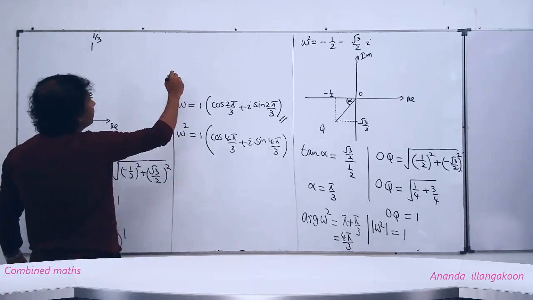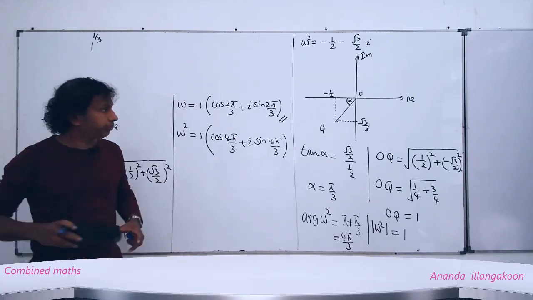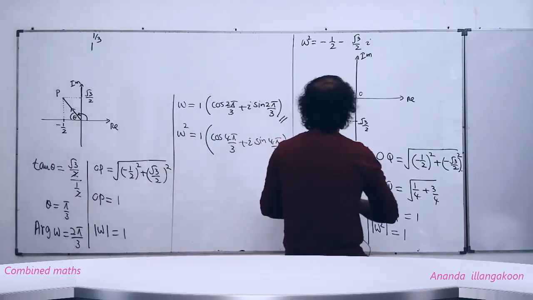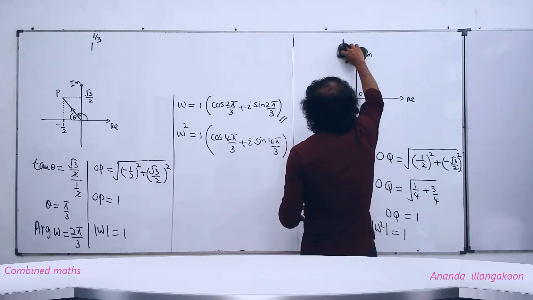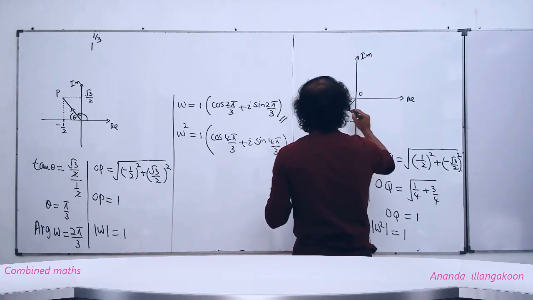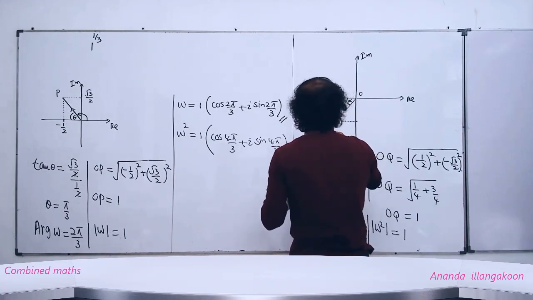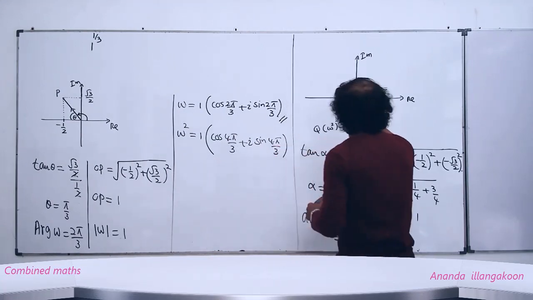People, what do you get? I'll take here. This is omega squared. This angle is 60.